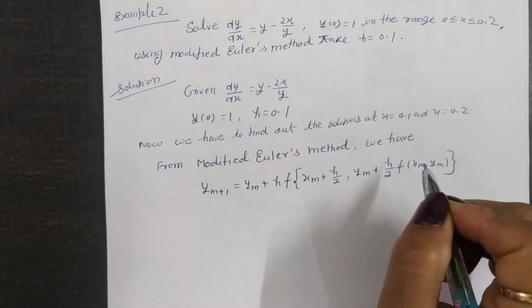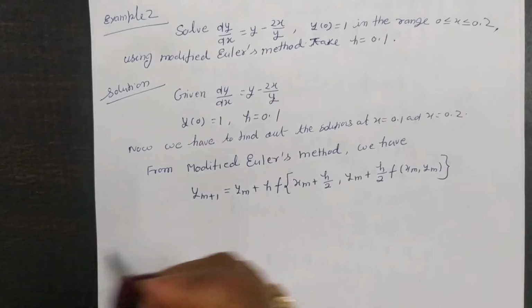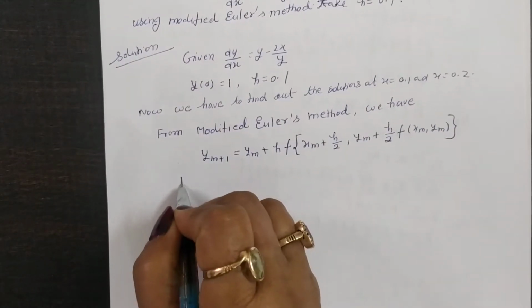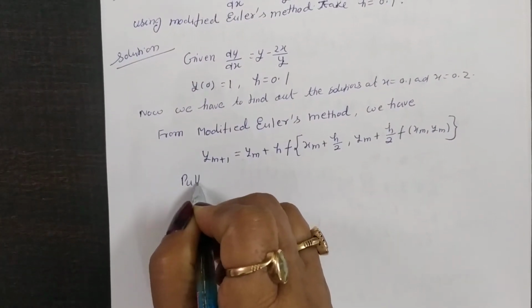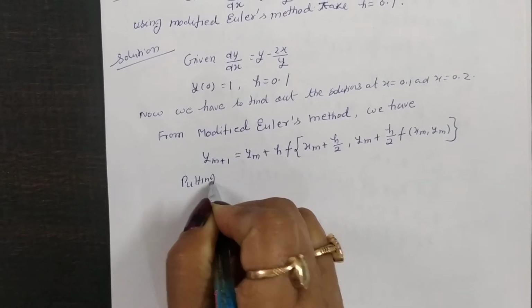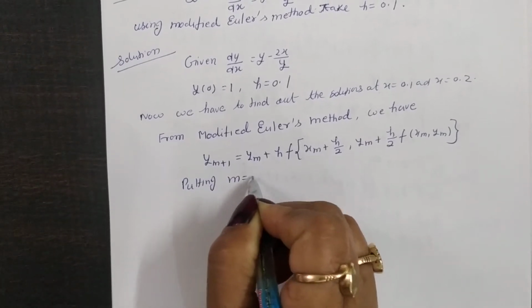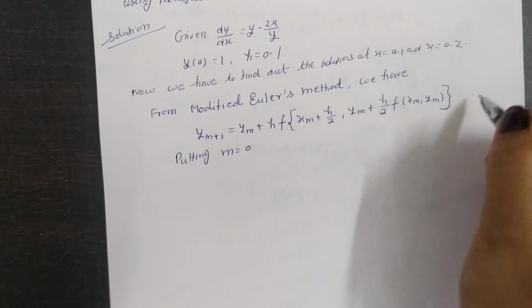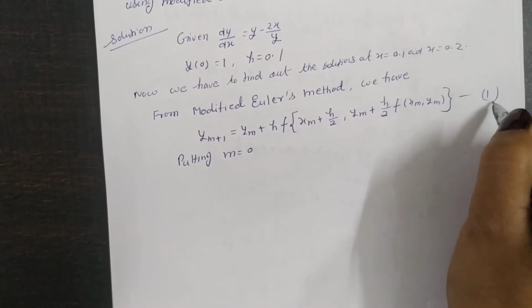Now putting m is equal to 0 in this equation, let us suppose that the equation number is 1.